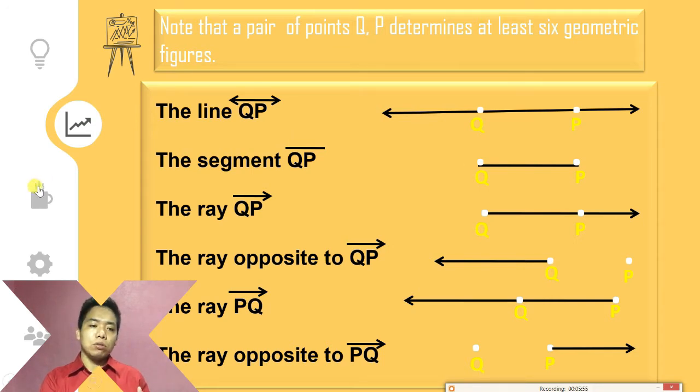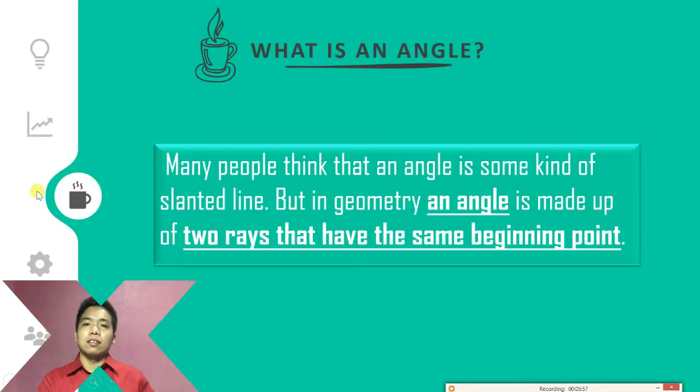We'll now proceed to angles. We are finished with segments and rays. Many people think that an angle is some kind of slanted line, but in geometry, an angle is made up of two rays that have the same beginning point.